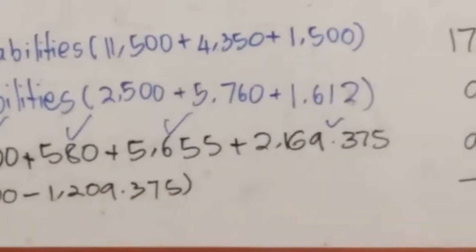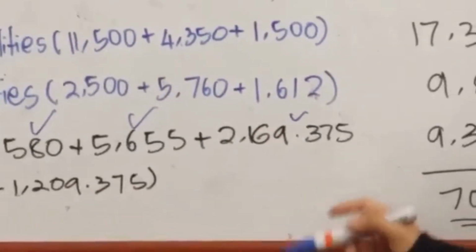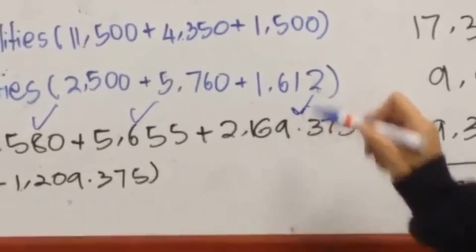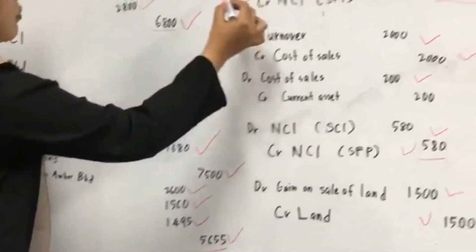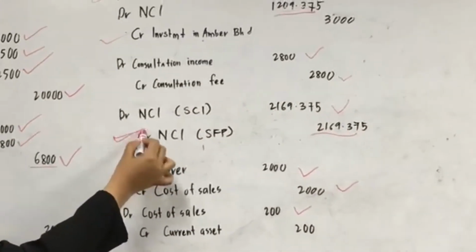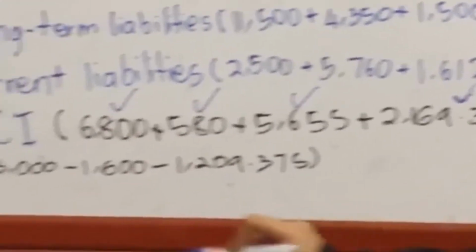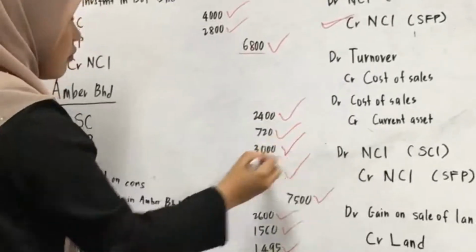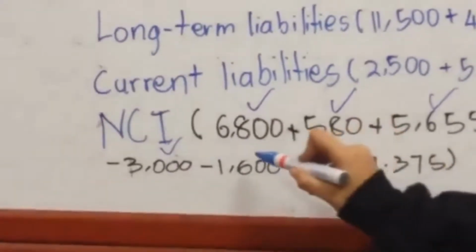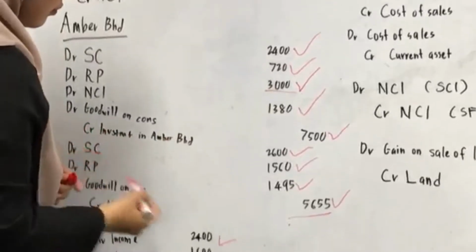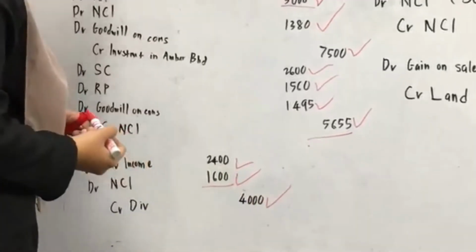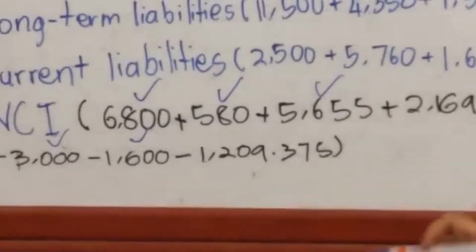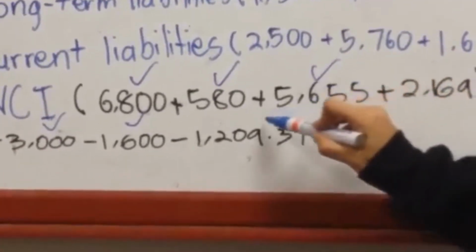After that, we add 2,169.375. And then we minus 3,000. We minus 1,600. And lastly, we minus 1,209.375.